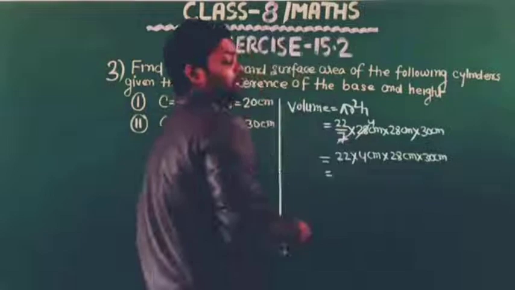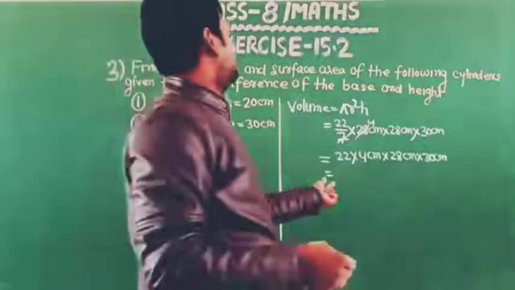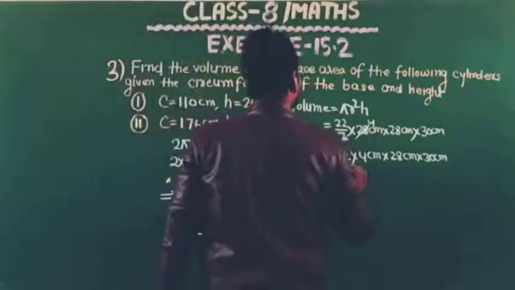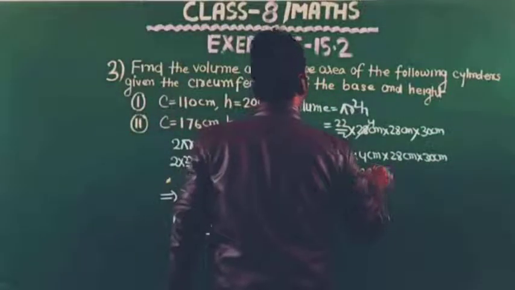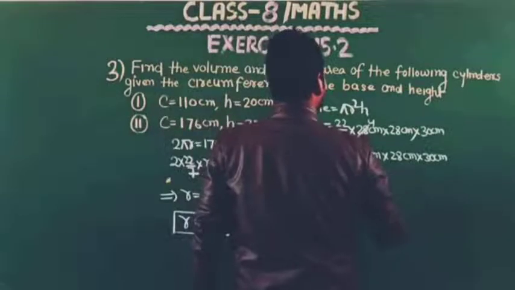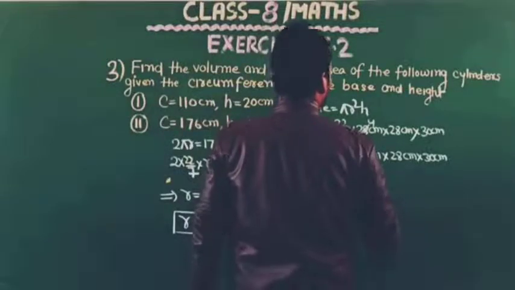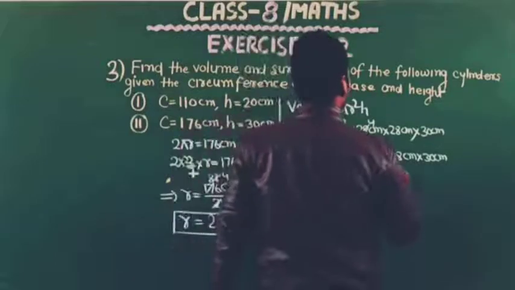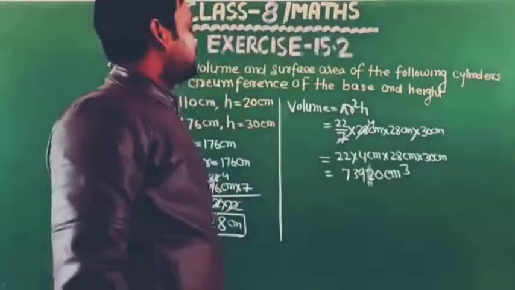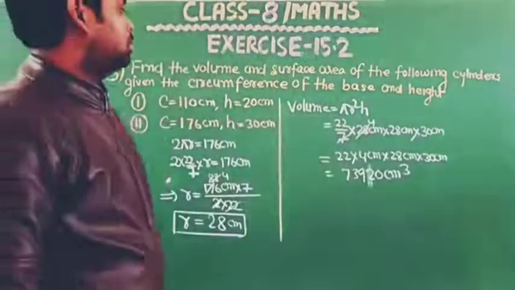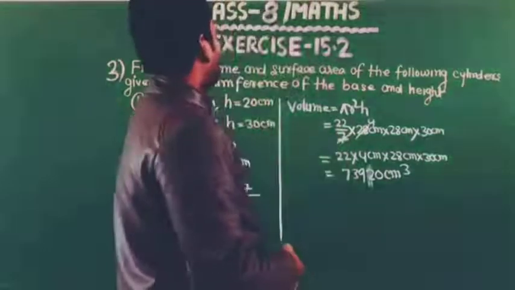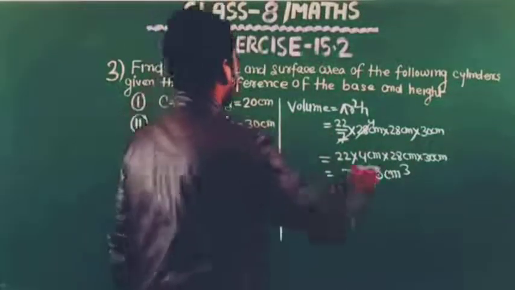And after multiplication of this expression, we will get the total value, which is equal to 73920 centimeter cube. This is the volume of the cylinder.